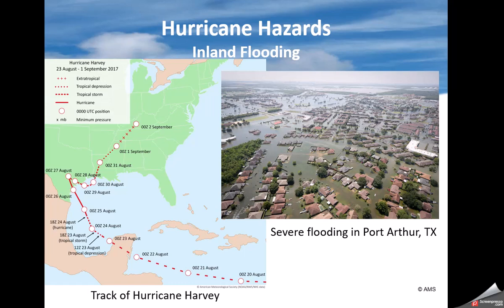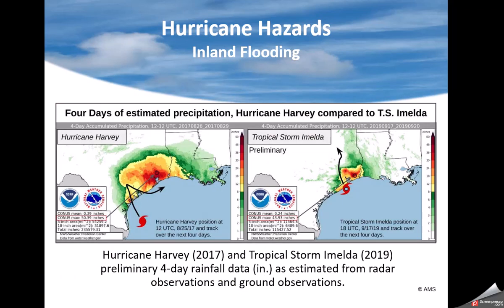Literally, whole mountainsides collapsed, and hundreds of people died. By that time, it had been a tropical depression for several days. Nobody even thought it was going to intensify again. It didn't intensify. It just dropped rain. Here you can see Harvey's tremendous rainfall over the Houston area where it basically almost stood still.